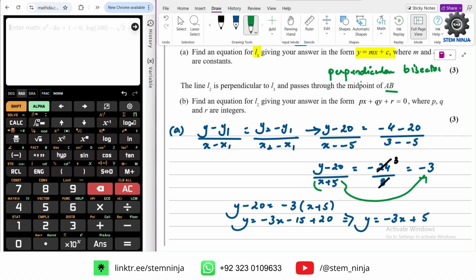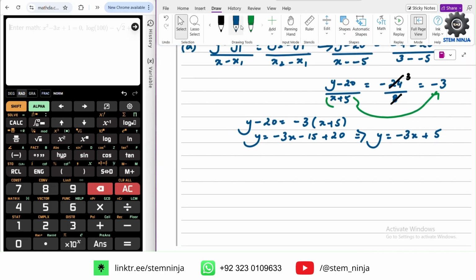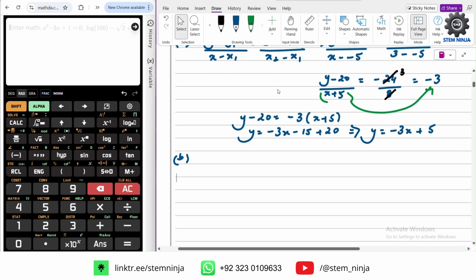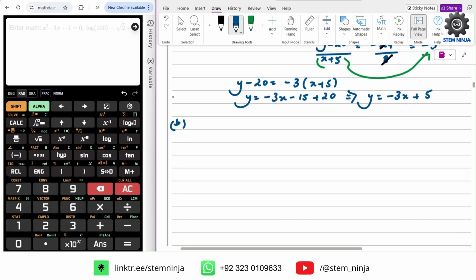Find an equation for L2 giving your answer in the form this, where P, Q, and R are integers. Okay, so there are two things over here. We need the midpoint of A and B, and we also need a line perpendicular to L1.